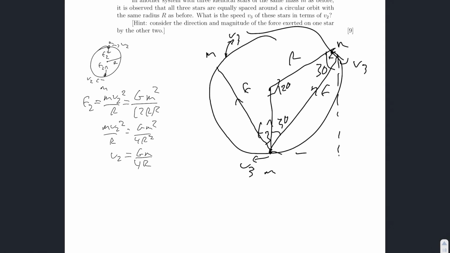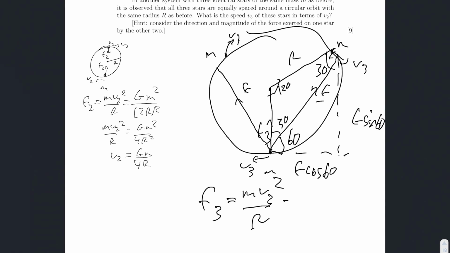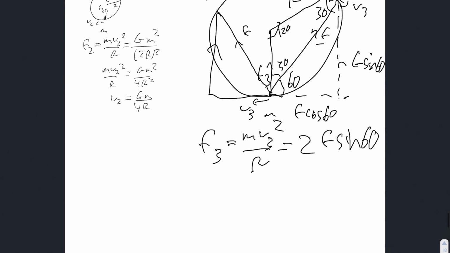If we resolve this force this way, 60, we know this is F cosine 60, and this is F sine 60. So from this, we can work out that F3 equals m v3 squared over r, and this equals 2 F sine 60. Because this is the only force that's going on it, and it's similarly going on it this way as well.